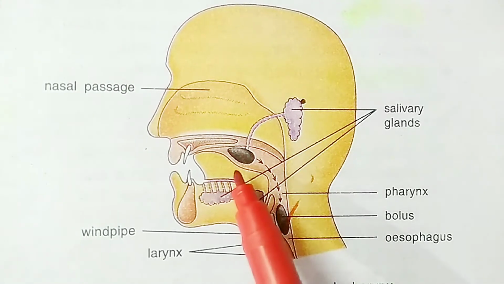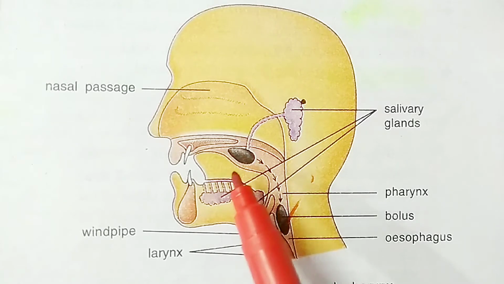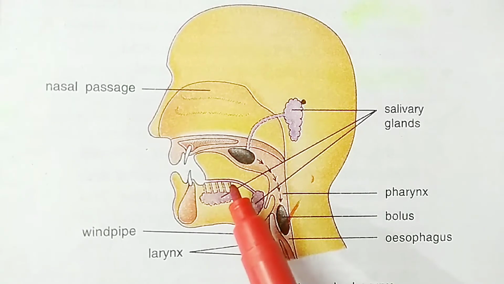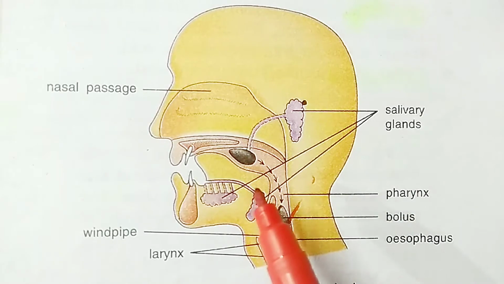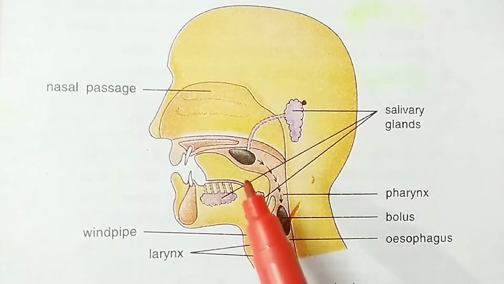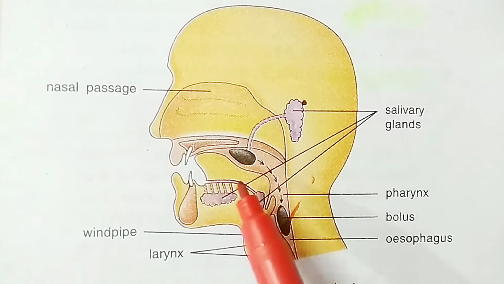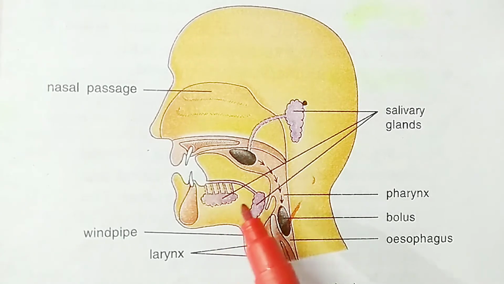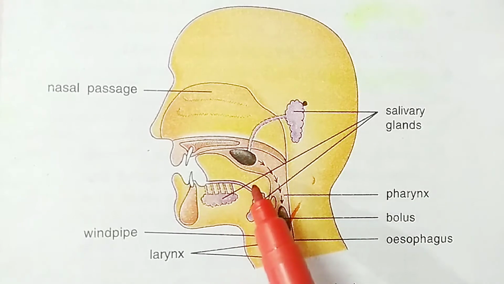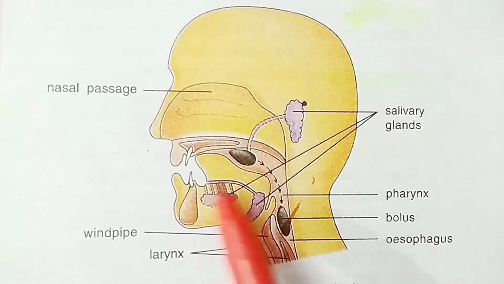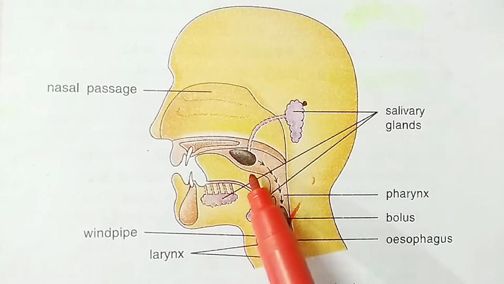These salivary glands release saliva, which contains water, salt, mucus, and salivary amylase, also known as ptyalin. This saliva from salivary gland is transported through ducts into the buccal cavity. Small quantities of saliva keep secreting all the time. However, at the time of eating, whenever we take food, the secretion of saliva is generally high.